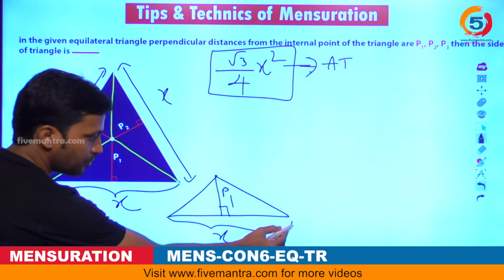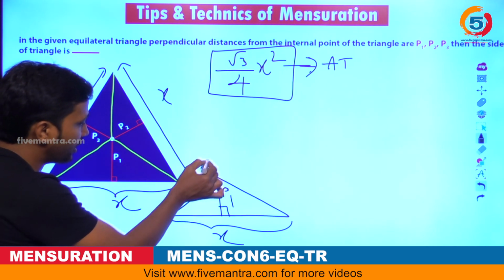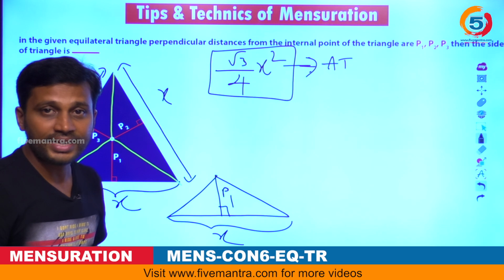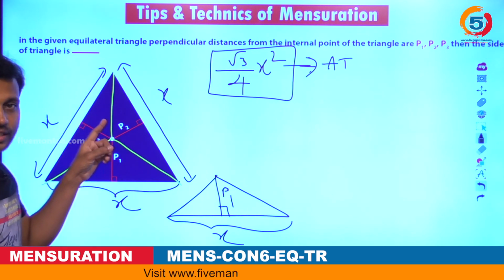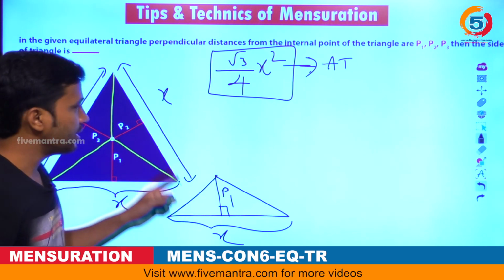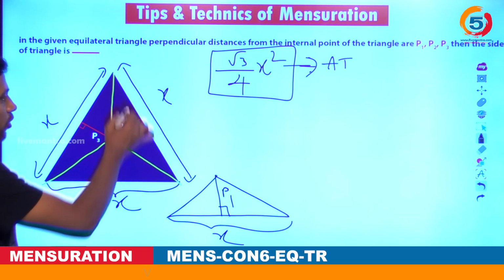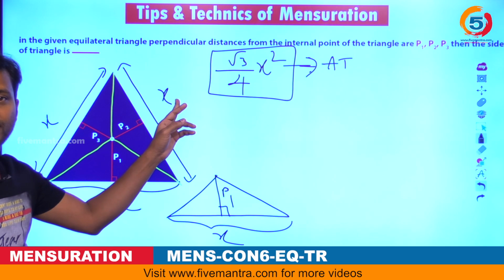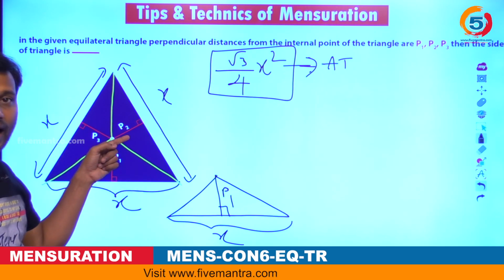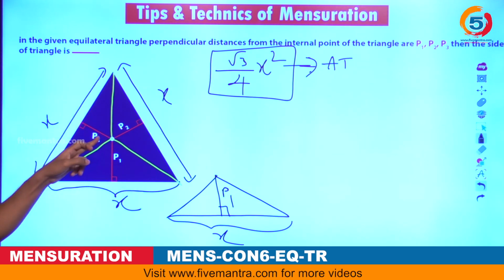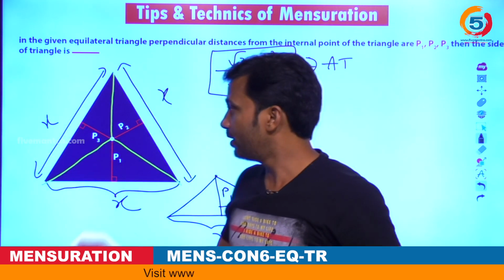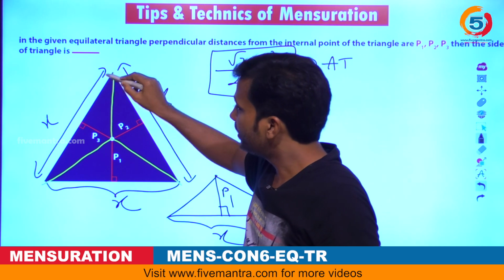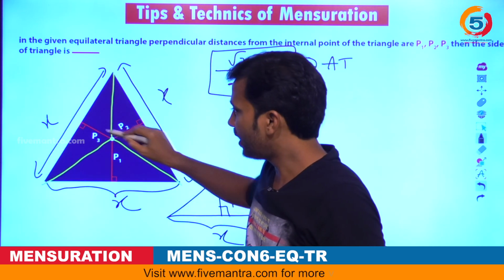For this, what is the base? x, and what is the height here? P1, right? Now if you observe carefully, for this triangle x is the base and this is the height, and for this triangle, this is the base and this is the height.